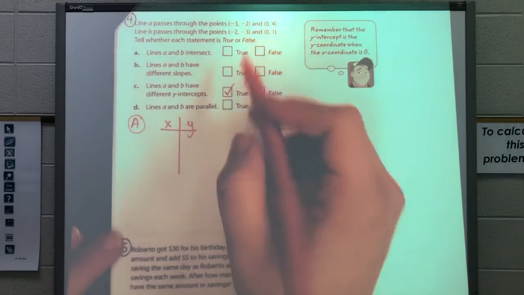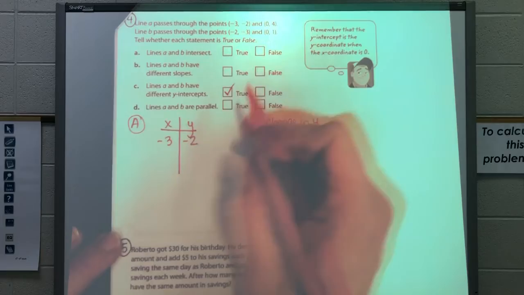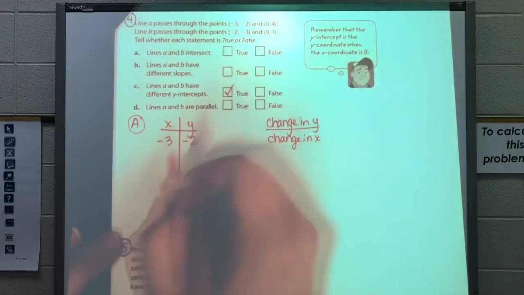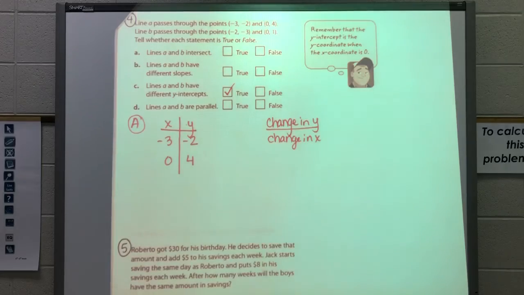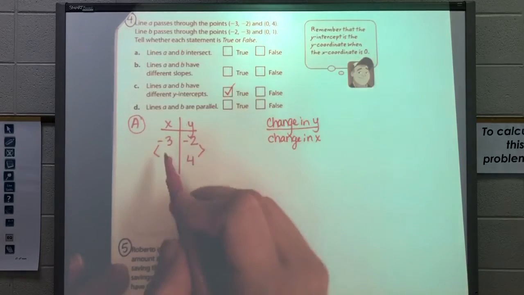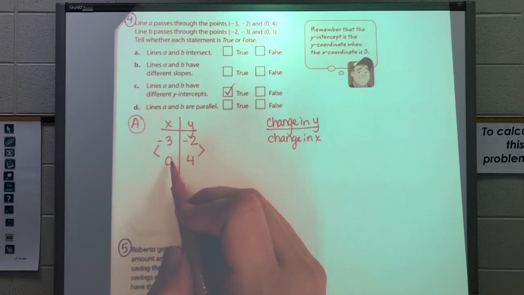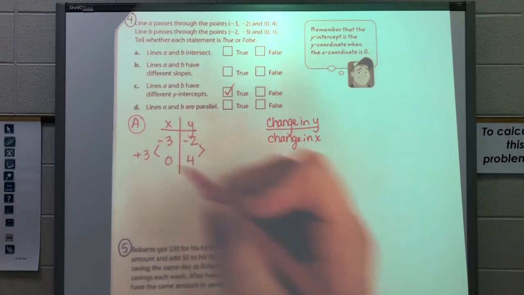And I'm looking at line A. So my first coordinate is -3, -2. My second coordinate is 0, 4. And from there, I have to find the change in y and the change in x. So I think to myself, okay, how do I get from -3 to 0? In order to do that, I have to add 3.